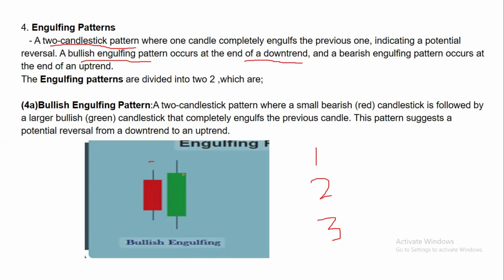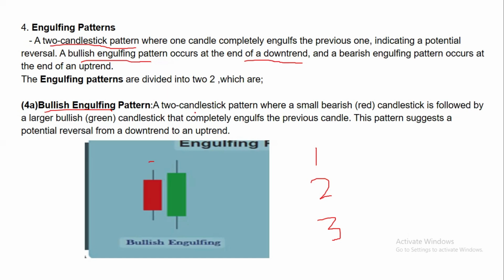So this is a bullish engulfing candle, and the bearish scenario we are going to look at. Now the patterns are divided into two. We have the bullish engulfing pattern and we have the bearish engulfing pattern. We'll go into it later on in the video. Now, this is the bullish engulfing pattern.